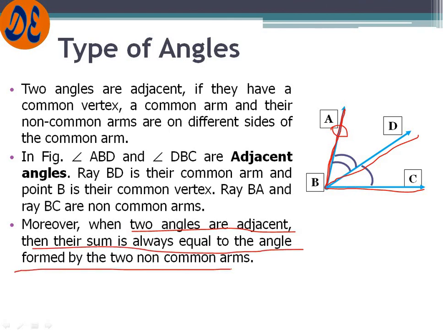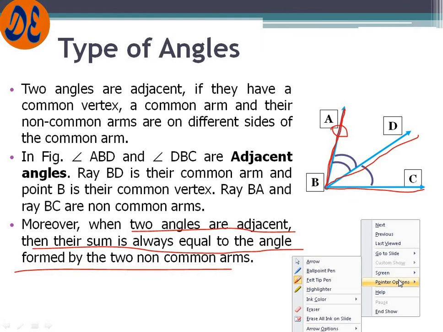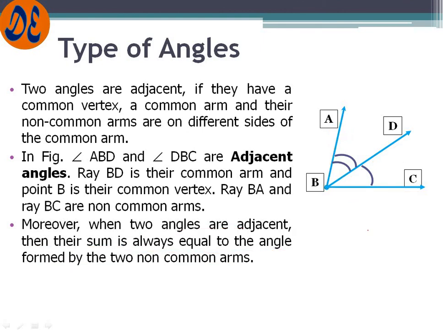Okay, and one more thing, whenever two angles are adjacent, the sum of the two angles will be the same as the angle made by their non-common arms. So what is the non-common arm of this one and this one? The angle of this one is equal to the sum of this angle and this angle.